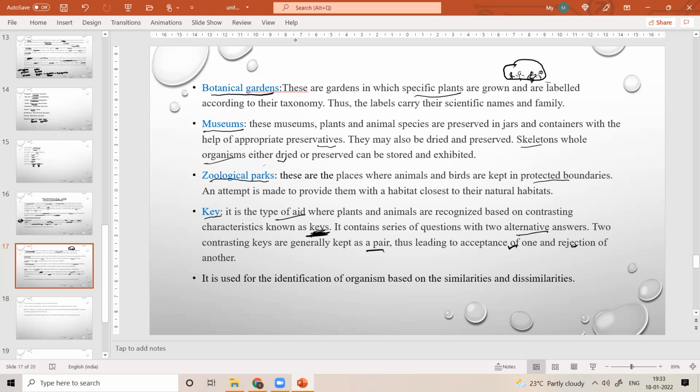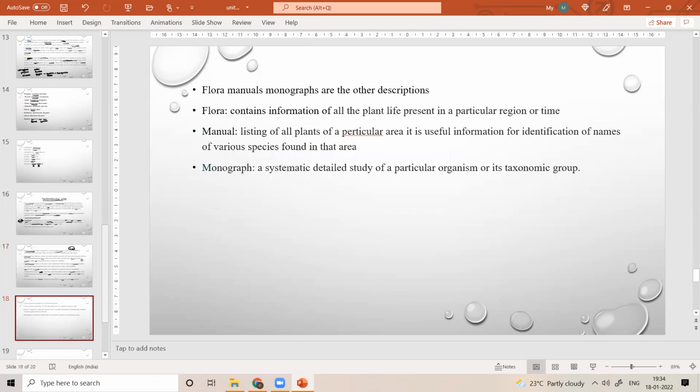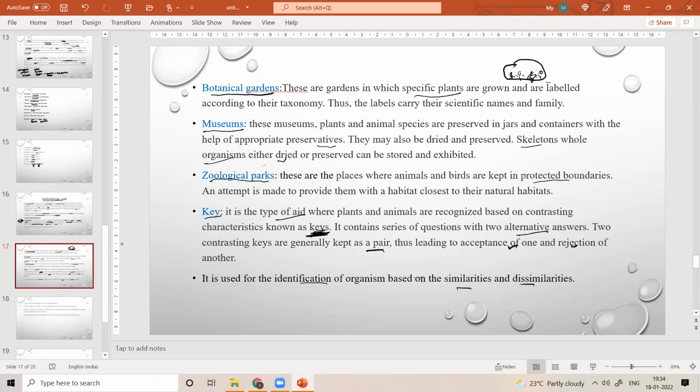That is a simple example. It is used for identification of organisms based on similarities, that is, the similar characters, and dissimilarities, the differentiating characters. Based on these two, we generally classify organisms.